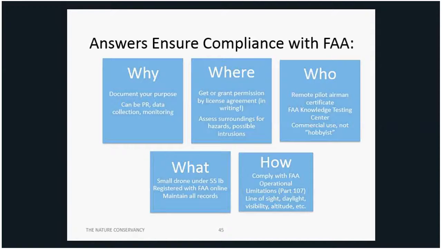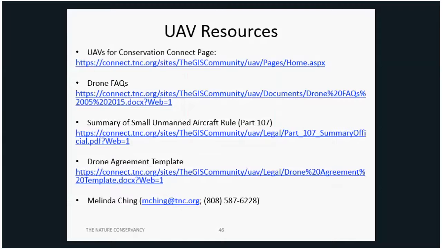So I wanted to just end by giving you some resources. This is the UAVs for Conservation Connect page, which I think Steve had referred to earlier, and is a good place for you guys to start if you're thinking about undertaking some drone operations or UAVs.